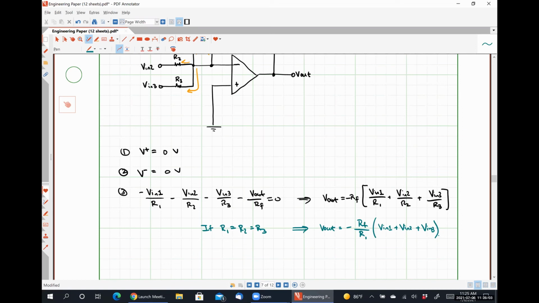That would be a simple inverting summer because it no longer has a weight because each input signal is scaled by the exact same amount. Okay.